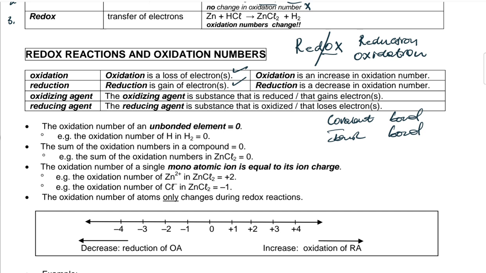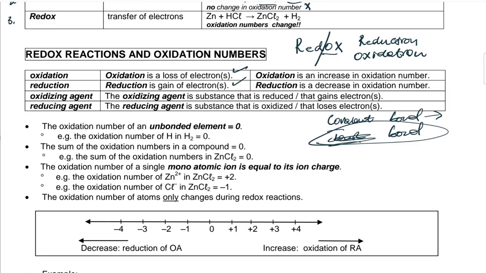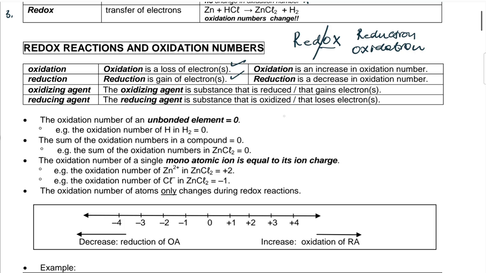So when you talk about transfer of electrons, especially this one of ionic bonding, this one is the sharing of electrons, ionic bonding, transfer of electrons between metal and non-metal. So we can have an example for that. The sodium chloride. Remember, I'm having sodium, which is the metal, then chlorine, which is the non-metal. So we're expecting to see the transfer of electrons.